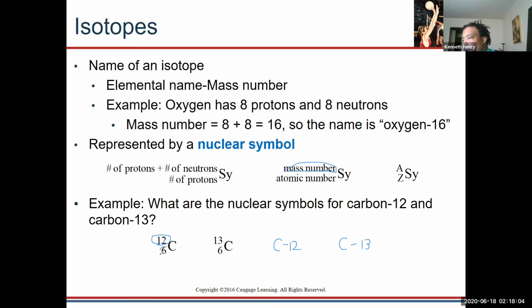The only thing now, you'll also see, and it's really weird because most people don't do it, because you always know your atomic number is always going to be the same. So most people only write the mass number. But occasionally you'll see an old book, and this is the way they used to do it in the old days. And also when we get into nuclear reactions, that's a little different. It's written the same way, the mass and your number of protons, but we start playing with some other things going in.